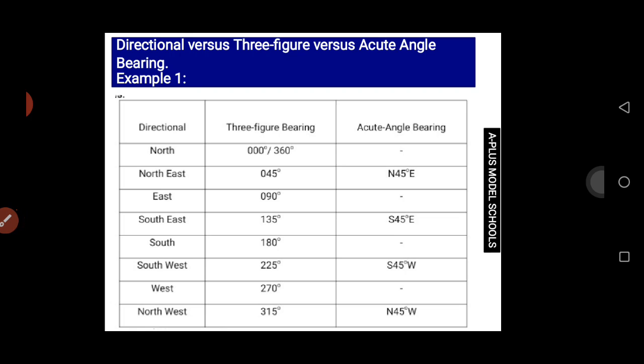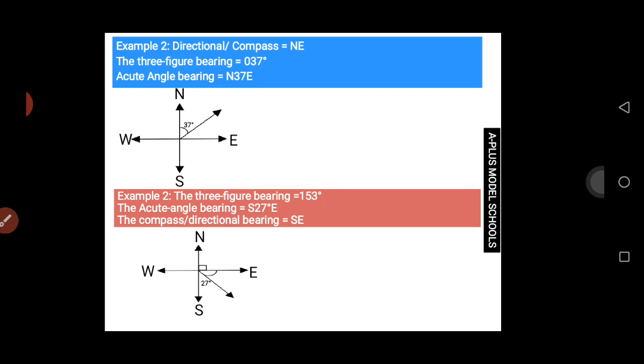So this is the direction versus three-figure bearing and acute angle bearing. So, example 2 now. Here we want to look at the three-figure bearing, the acute angle bearing, and the direction of the point.